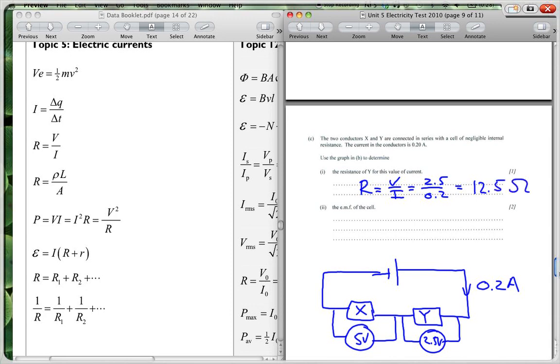And the EMF of the cell, well, it's going to be 5 plus 2.5, that will be 7.5 volts. Because, as it says over here, it has got negligible internal resistance. So it's having no resistance, no energy loss in the cell itself. So all the energy that is being used up in the circuit is being created by the cell. So the EMF, the total energy that has been produced by the cell, will be the 5 plus the 2.5.